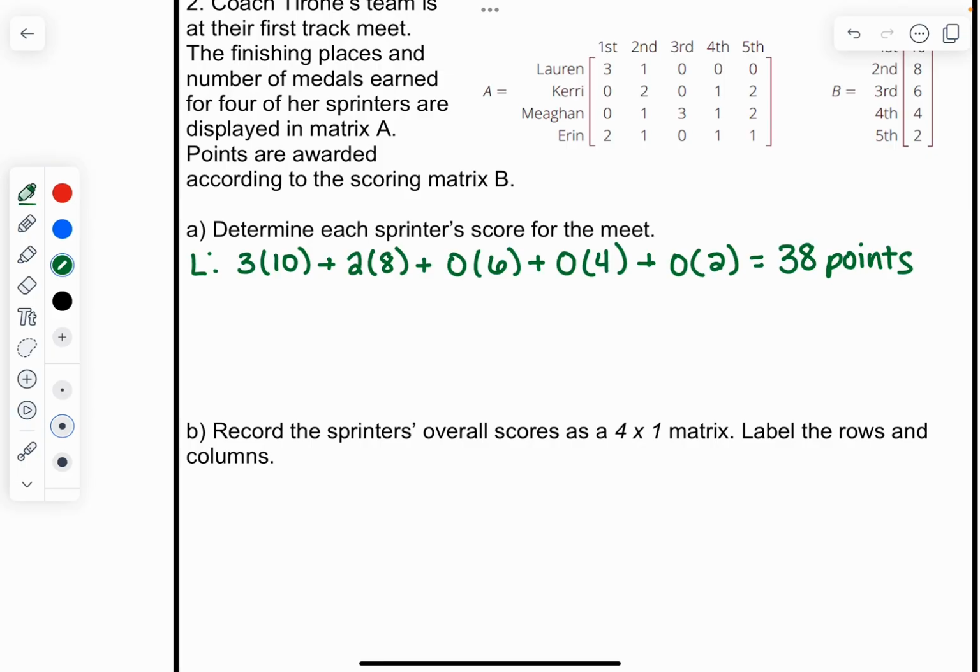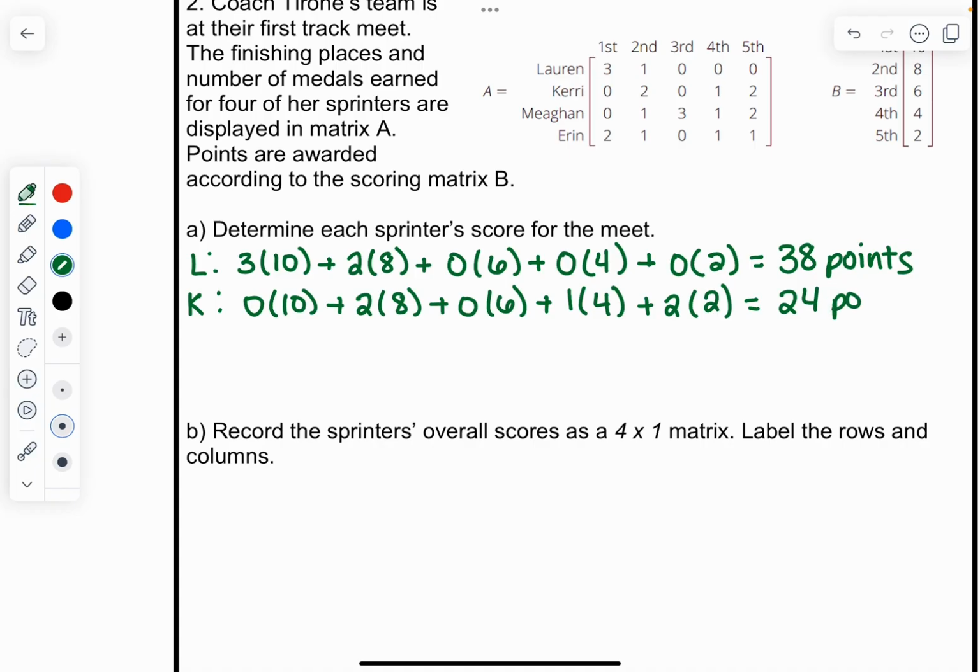So then we have Carrie. She has no first place wins. She has 2 second place wins. She has no third place wins, 1 4th place win, and 2 5th place wins. And that would get her a total of 24 points.